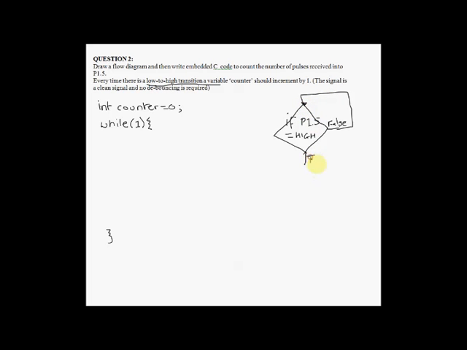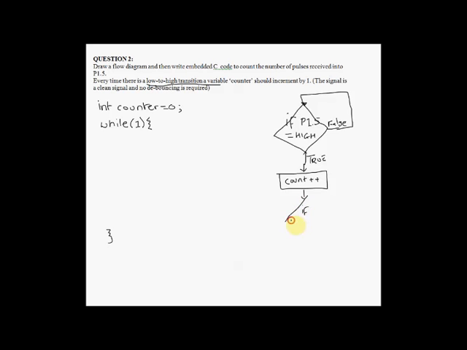If it is true, we want to increment our counter. Then we want to say, well, is it still equal to 5? So this will allow us to have that transition from low to high.